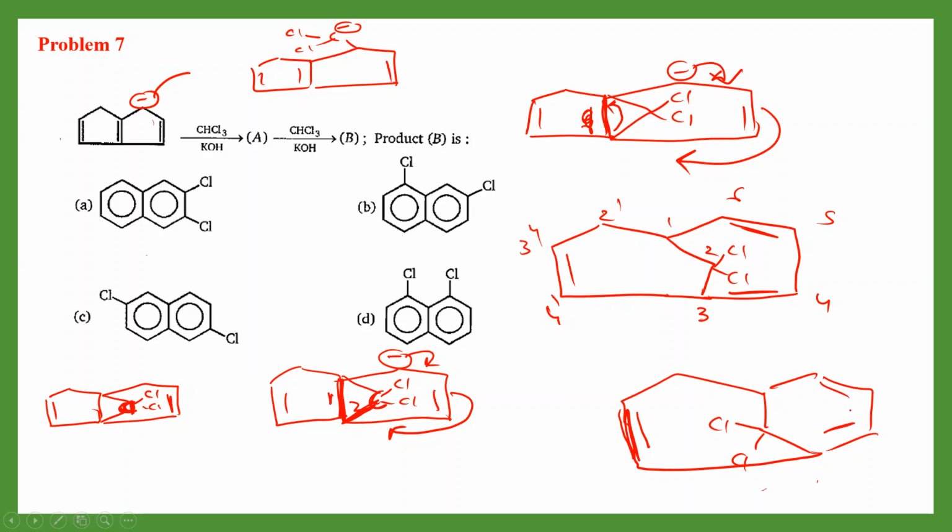Yes or no? No. So it means I'm going from the start, students, so that you know how to tackle a problem. In organic you should draw all the possible products. I have broken this bond and made this product and we found out that this is not possible. Now which bond can you break?